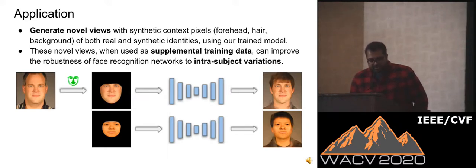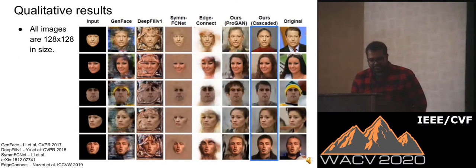Because we are generating novel views, we can use this data as supplemental training data, and that should improve our network's performance because we are getting more intra-subject variations. Now we'll show some qualitative results in the next slide, where we take images from LFW and take their face masks.